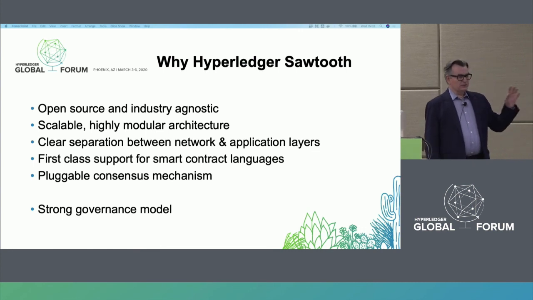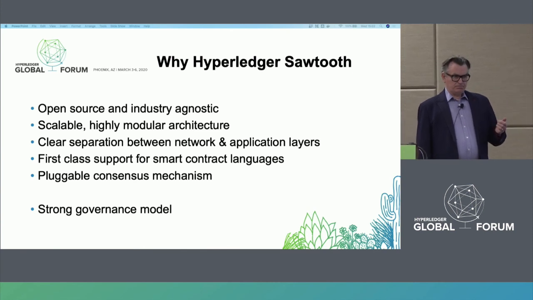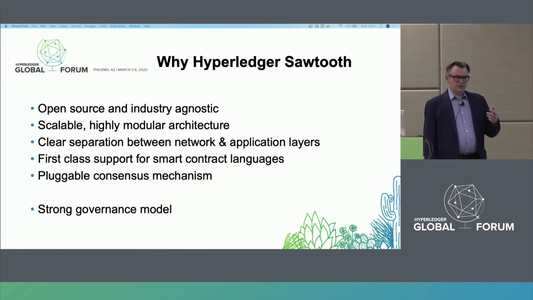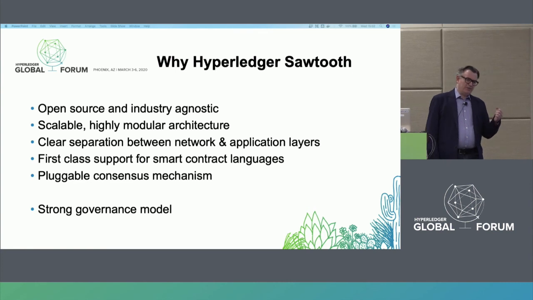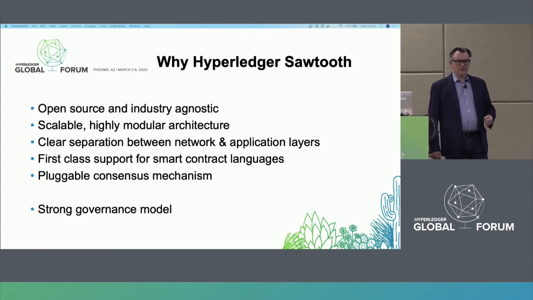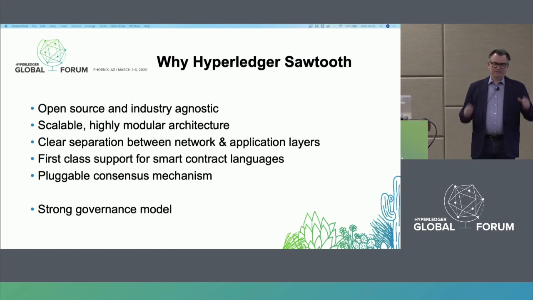But within the Hyperledger family, Sawtooth you might think of as the challenger brand, the scrappy kid brother of Fabric, which Brian has called the granddaddy. These are all terrible terms. But the point being, Fabric's been around forever. It's had a big head start.